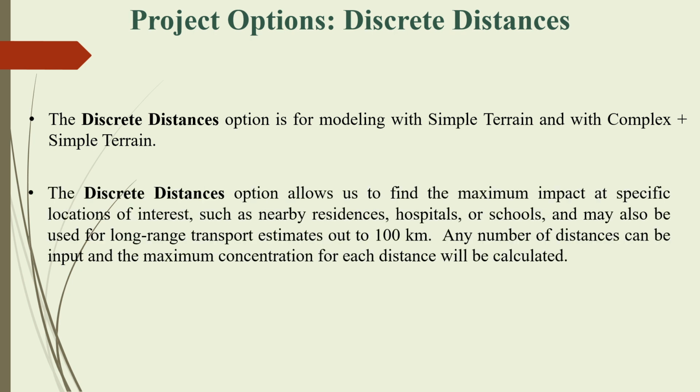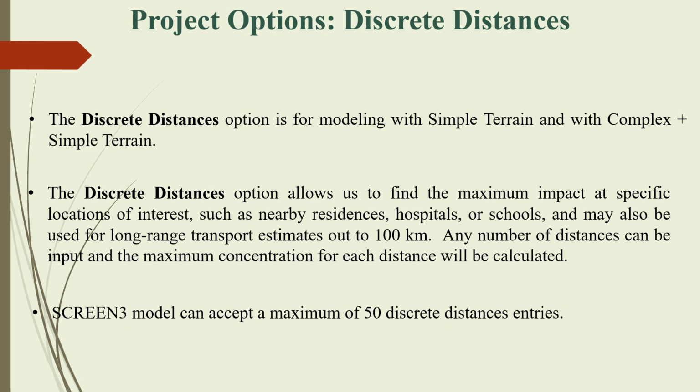This option allows us to find the maximum impact at specific locations of interest, such as nearby residences, hospitals or schools, and may also be used for long range transport estimates out to 100 kilometers. Any number of distances can be input, and the maximum concentration for each distance will be calculated.